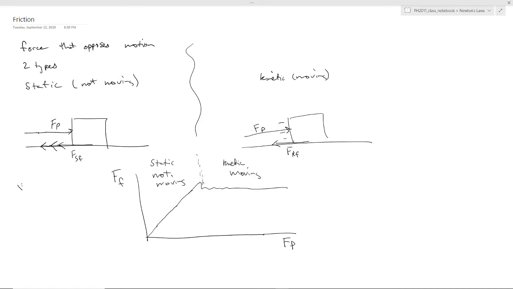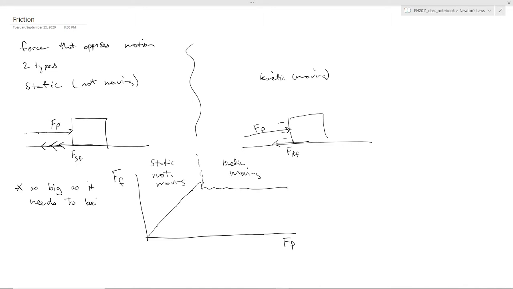So static friction is as big as it needs to be, provided that it can be that large. If you overcome it and it starts moving, then you get into the kinetic friction regime.